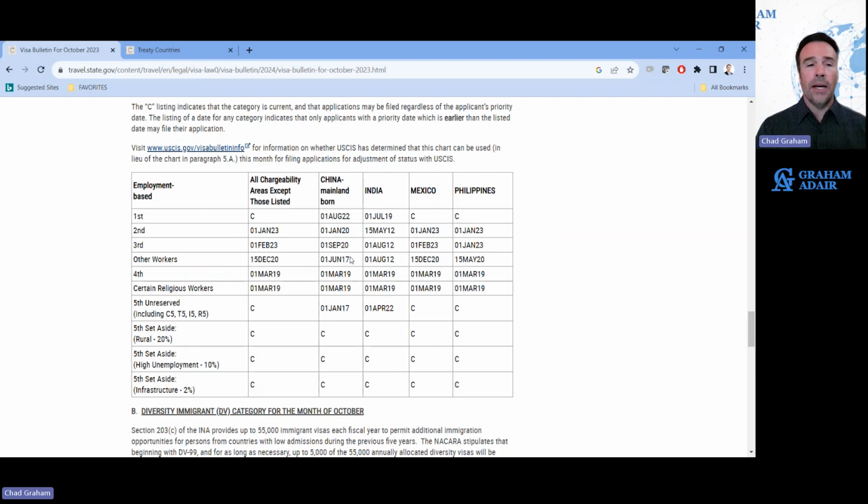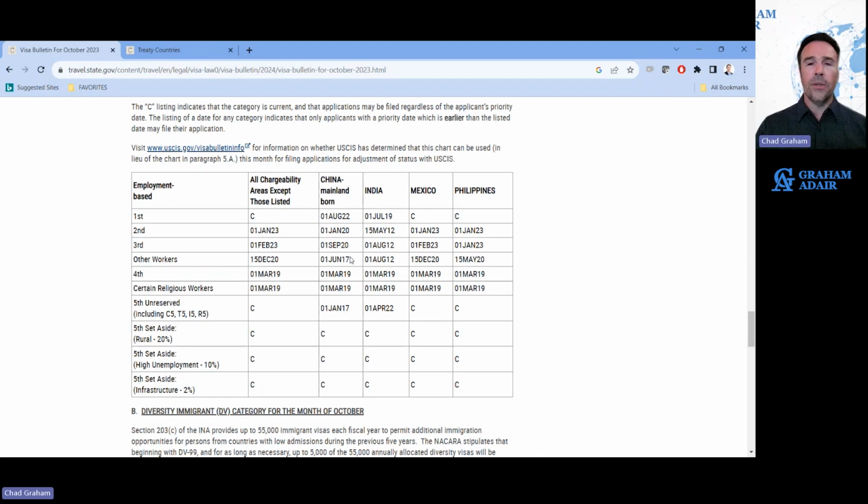My advice is to apply for the highest preference category you can, because if it gets to the point where the third preference category is better and that date would be valid for you, you can actually downgrade from the second preference category to the third preference category. So you can take advantage of those better dates within the third preference category if you're in the second preference category. But if you're in the third preference category, you can't upgrade to the second preference category.